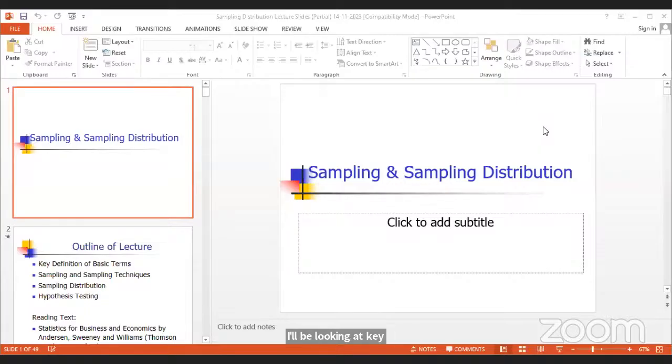We'll look at what sampling is. Although in FBA 220 we have covered a lot of ground in that, we will do a quick recap of what sampling is and the different types of sampling techniques that we have.